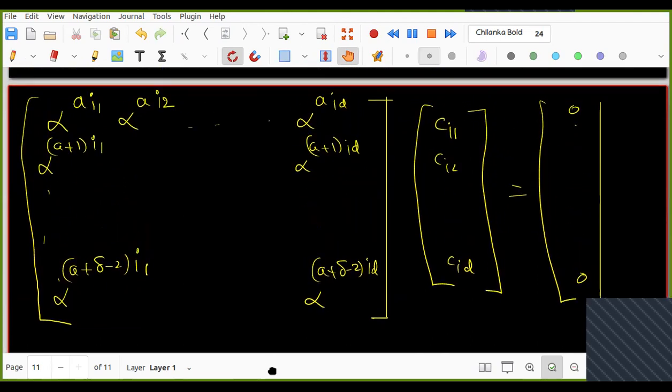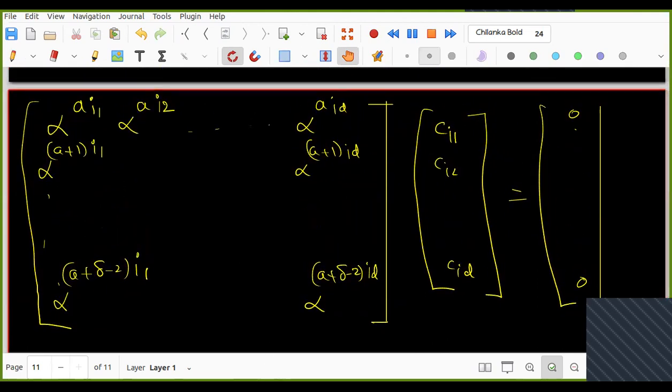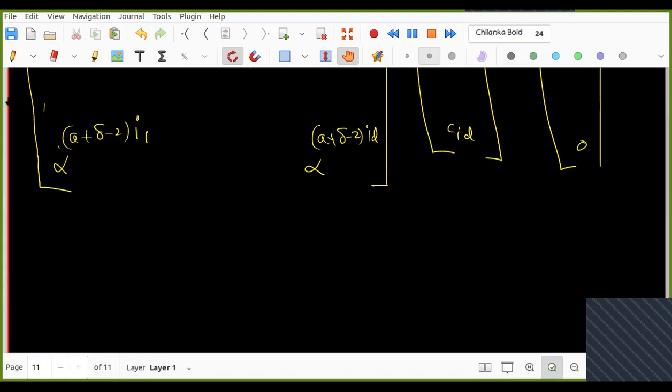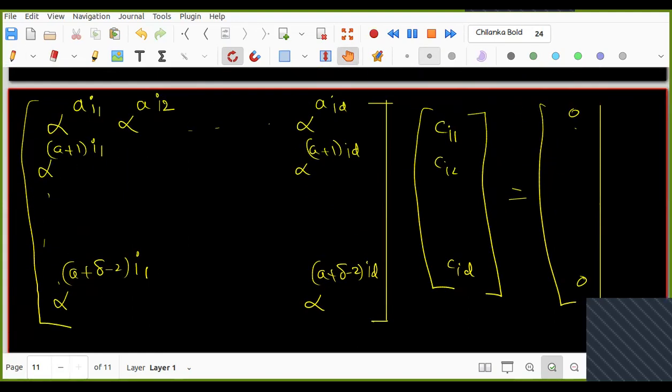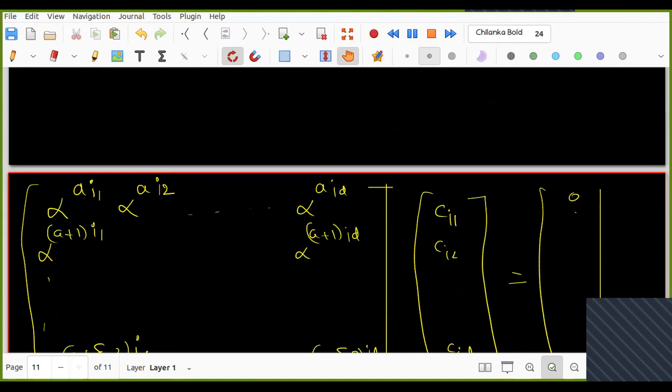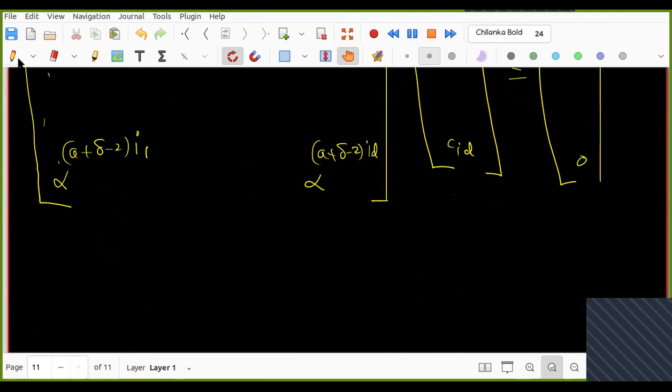So from the first column, what can I take common? Alpha^{a·i1}.